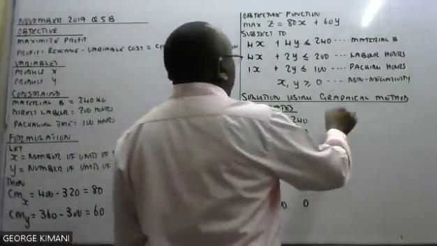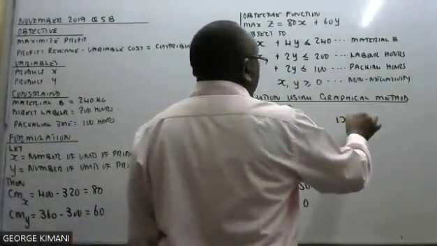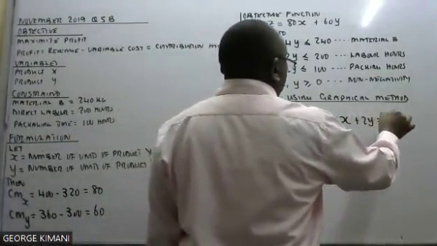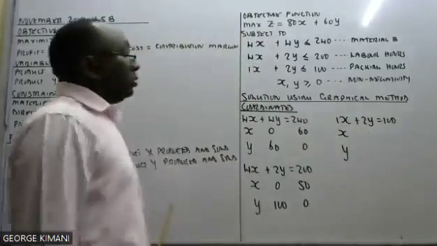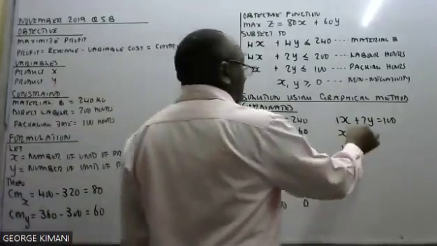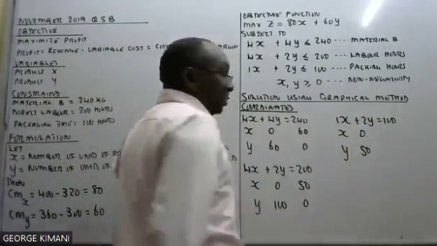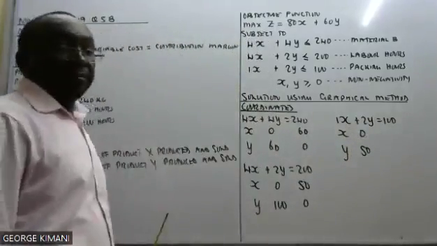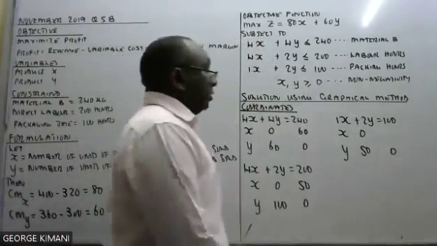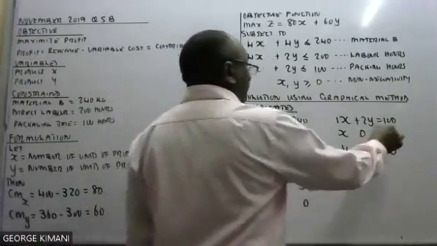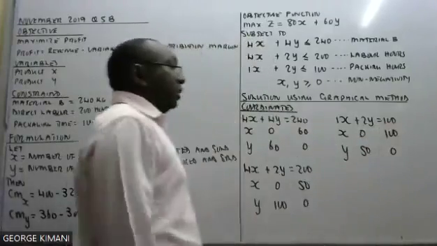Then take this other one, x plus 2y is equal to 100. So when x is 0, y is what? 50. And when y is 0, x is 100. Good.